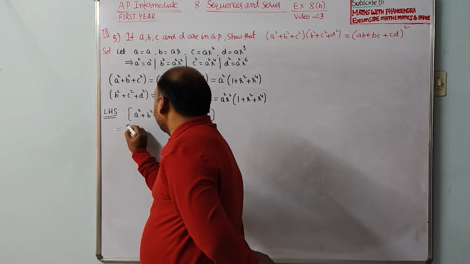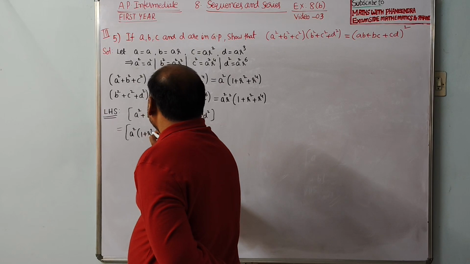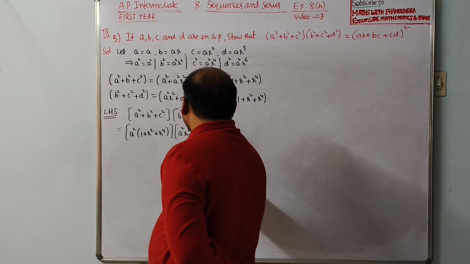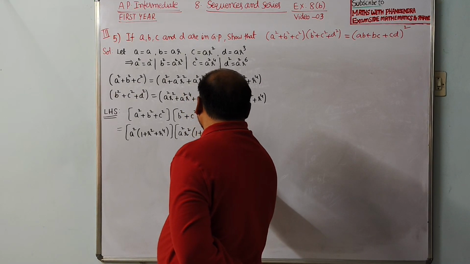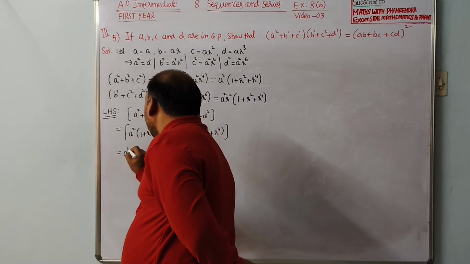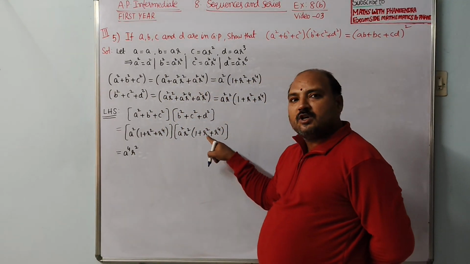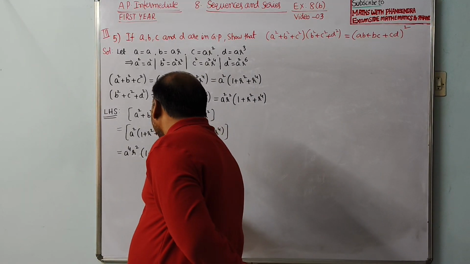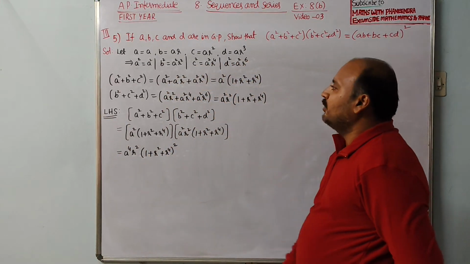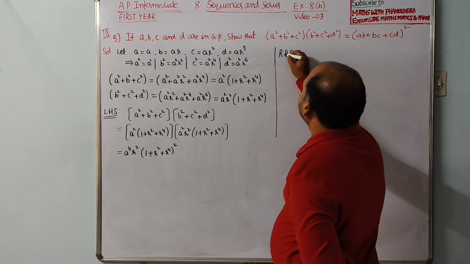This value is a square into 1 plus r square plus r power 4, and this value is a square r square into 1 plus r square plus r power 4. So a square into a square, a power 4 r square, into 1 plus r square plus r power 4 two times, that is 1 plus r square plus r power 4 whole square. This is the LHS value. Now I am considering the RHS, dear students.